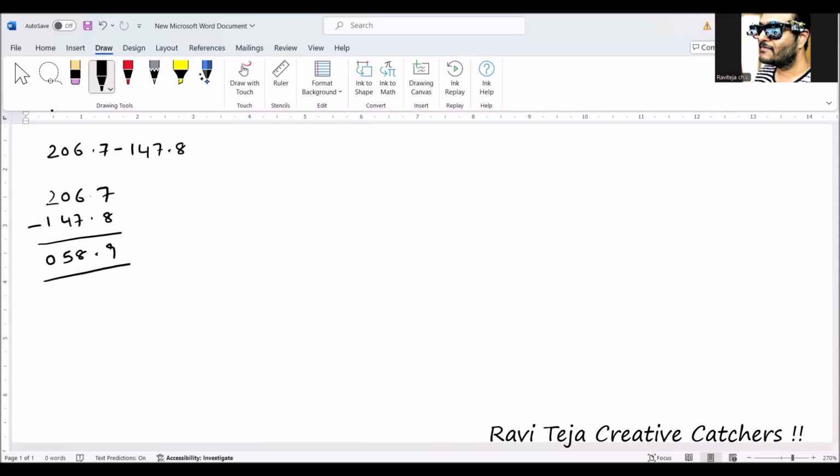This is the answer we get if we subtract these values. Now let's see the binary subtraction and check.